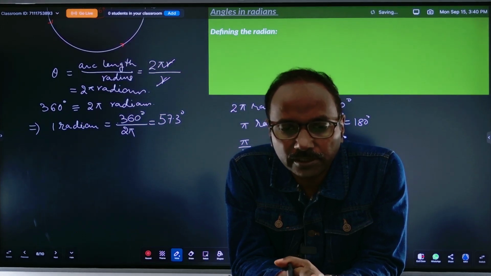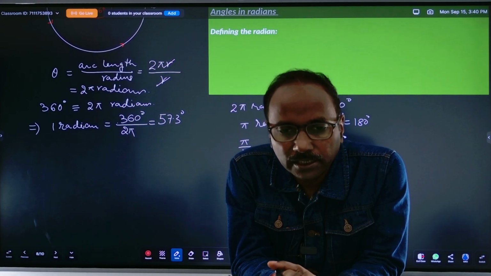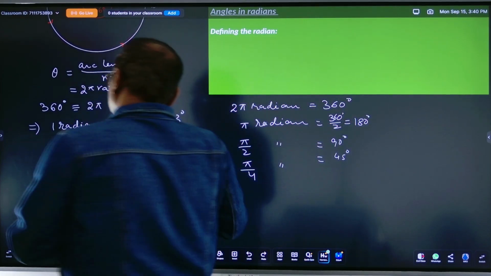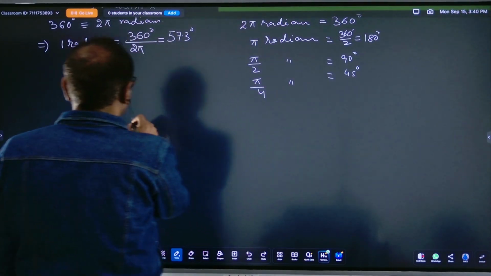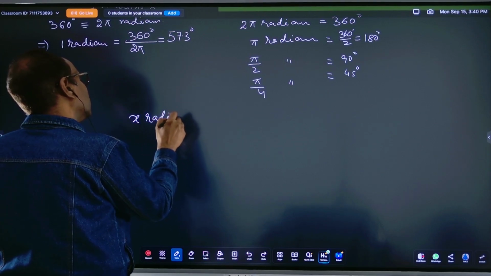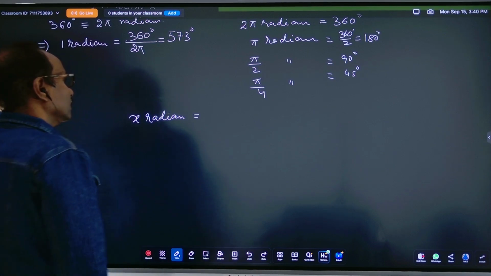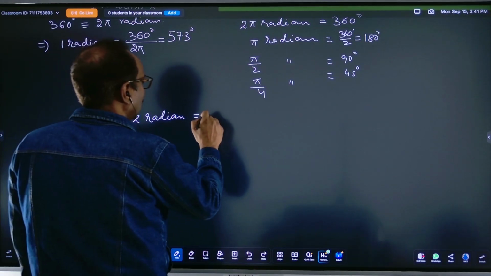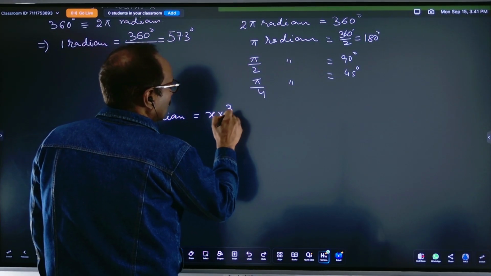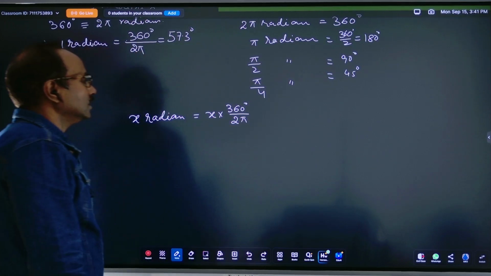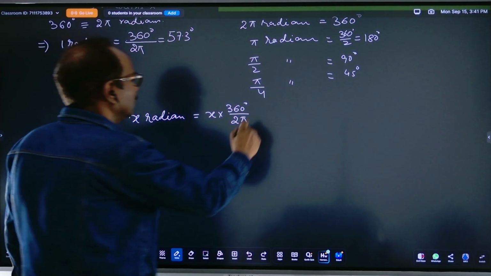So now you have a tool for converting radian into degree. If a radian value is given, you can convert it into degree comfortably. Suppose x radian is given, x can be any number. If somebody says to convert it into degree, what will you do? You can say that this will be the answer in degree.